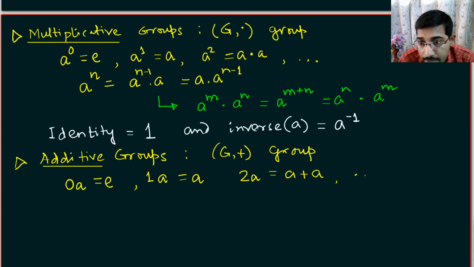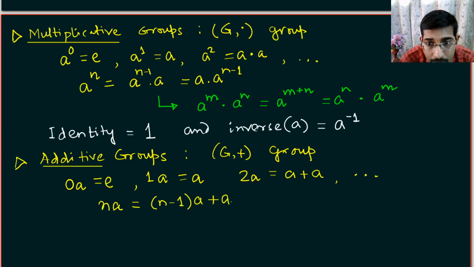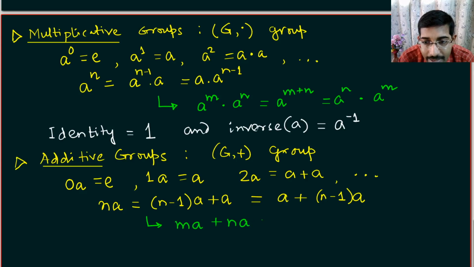Therefore my NA is basically n minus 1 A plus A, which is basically A plus n minus 1 A. So this again points to the fact that I can write MA plus NA is equal to M plus N into A, which is basically NA plus MA.